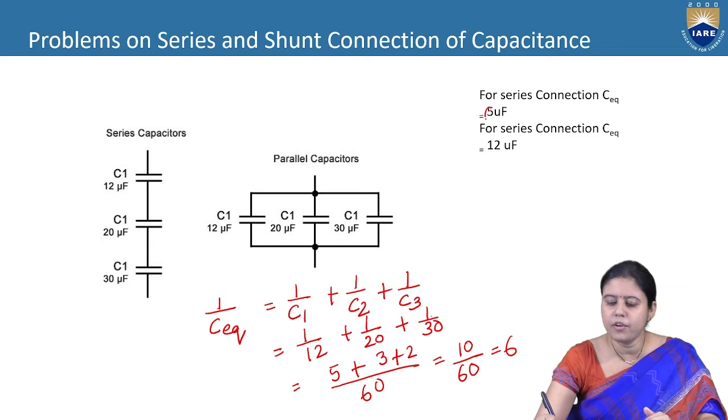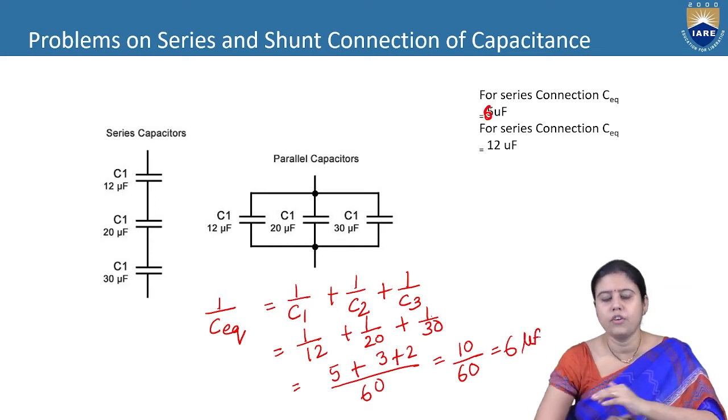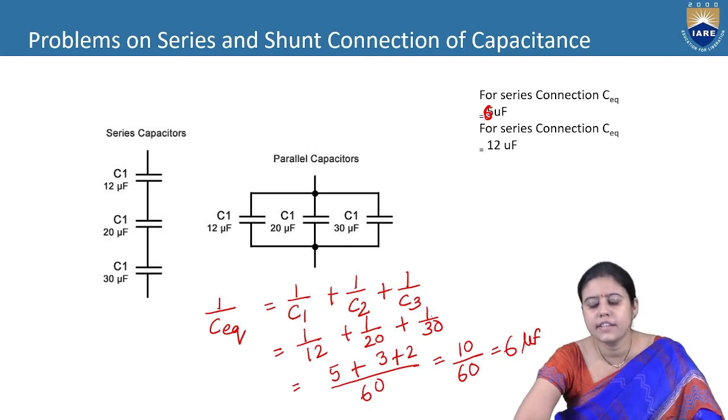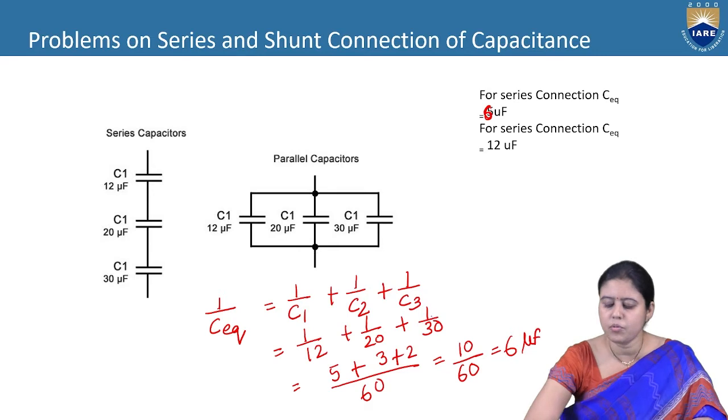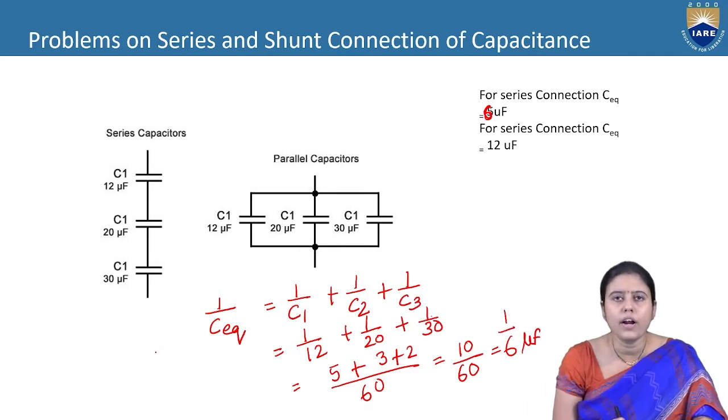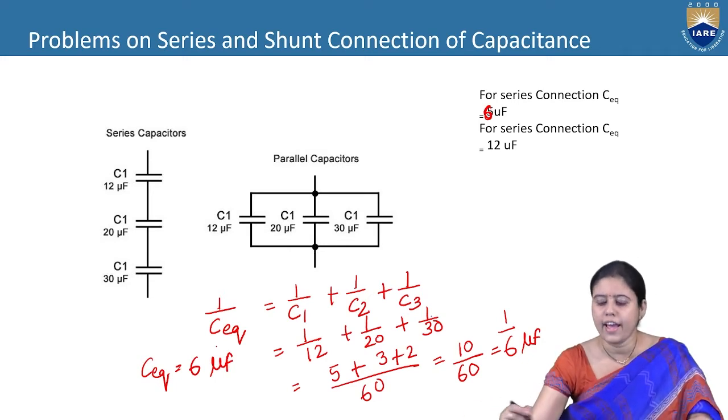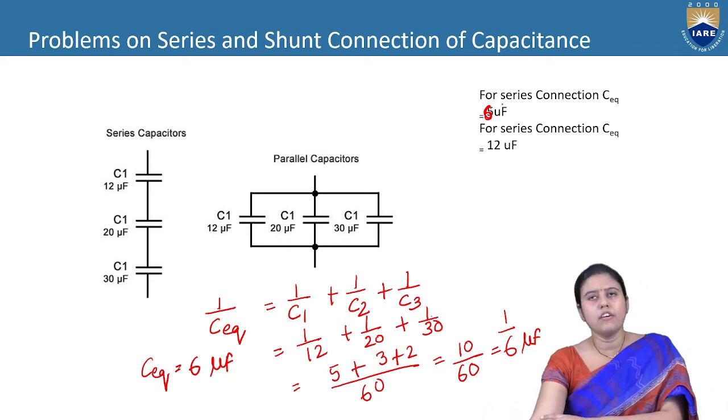So this value we are getting as 6 microfarad. 10 by 60 means 1 by 6. 1 by 6 microfarad. So what is C equivalent? C equivalent is equal to the opposite of this, and this is coming as 6 microfarad. The answer is 6 microfarad.